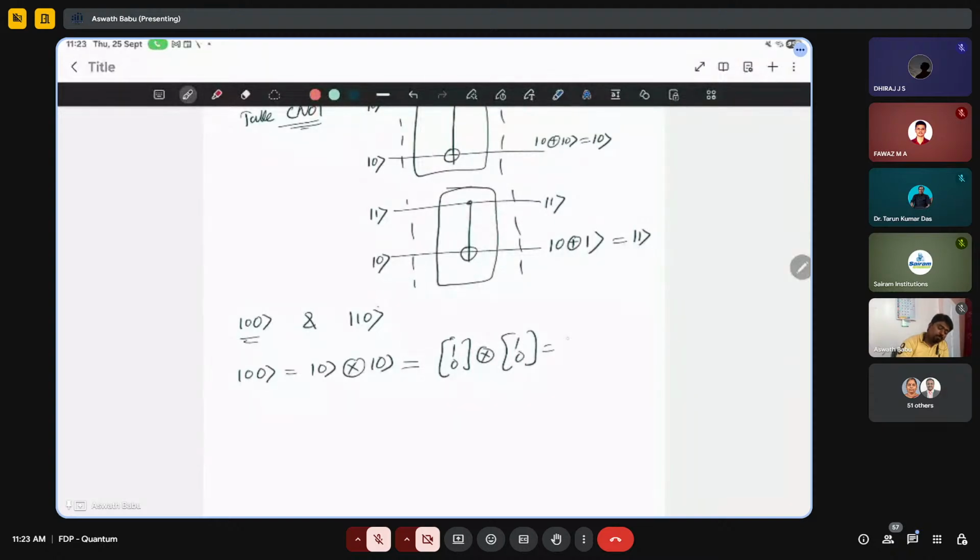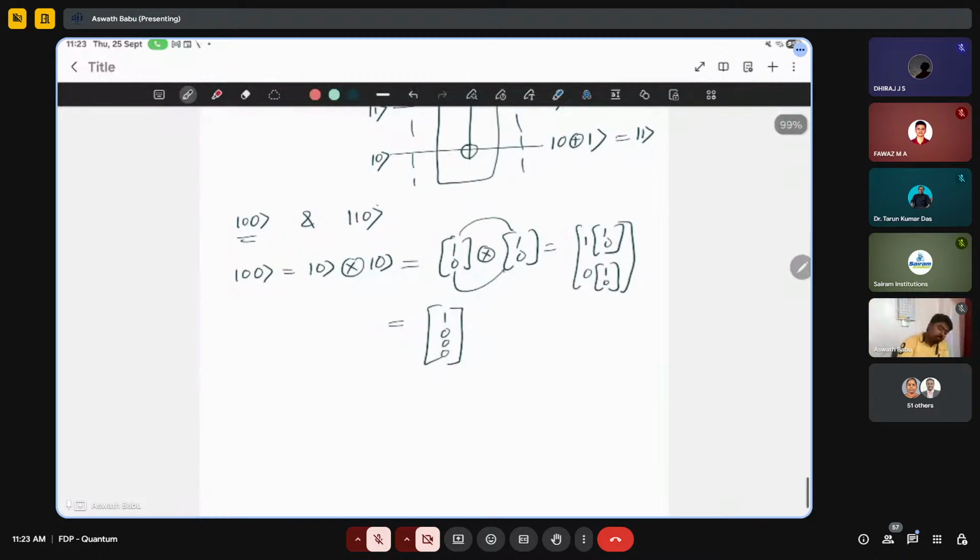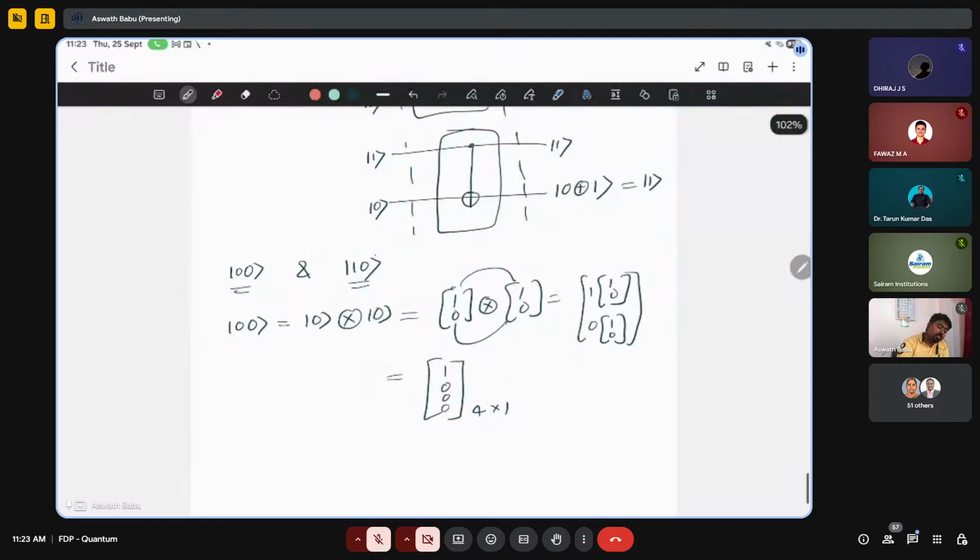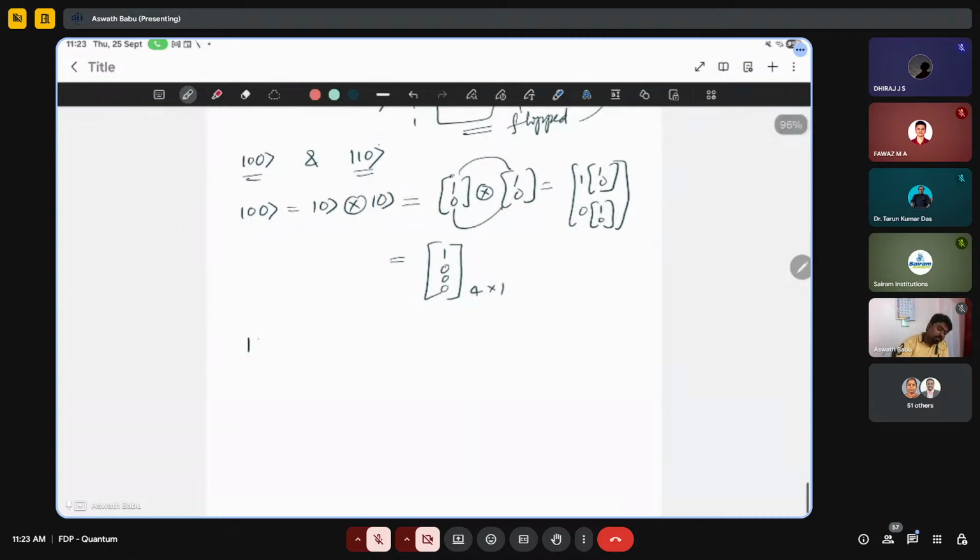Take this multiplied with both of them, and you will get 1 followed by 3 zeros. Similarly, you can find for 1 0 the column representation, which is 4 by 1 dimension. Here in the last case, where the control is 1, the target is being flipped, so the output is 1 1.